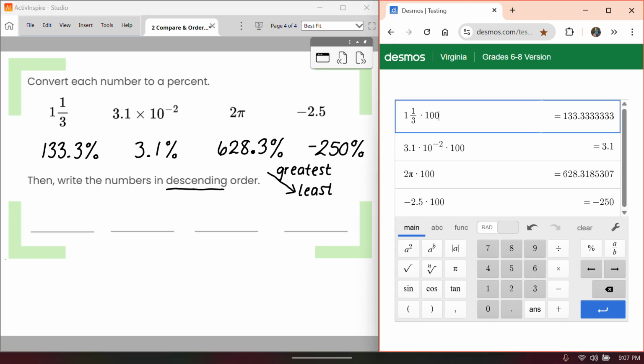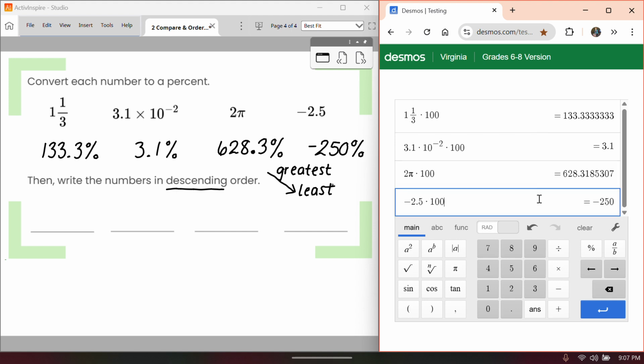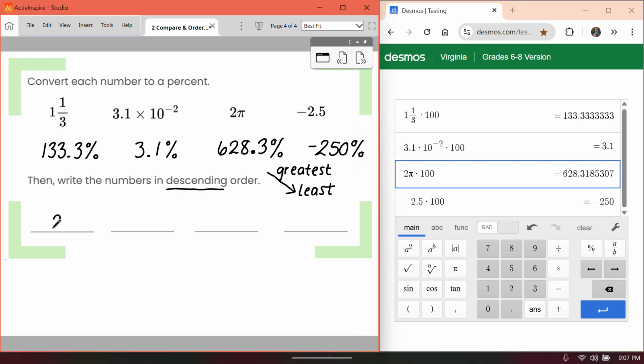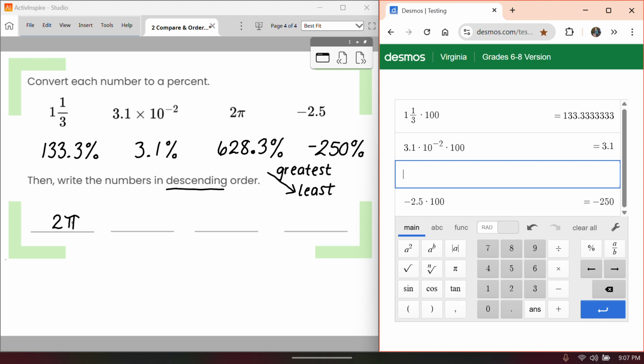So I'm going to look at these 4%, and I'll use Desmos again as my scratch paper. And I'm going to say which of these 4% is the greatest. 133%, 3%, 628%, or negative 250%. And I think we can all agree that 628 is the largest, meaning I'm going to write 2 pi first.